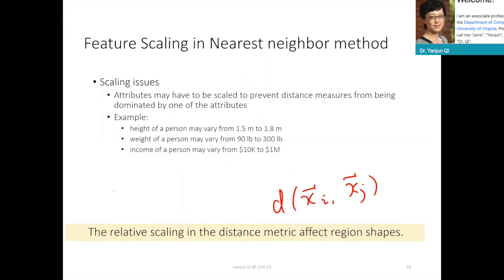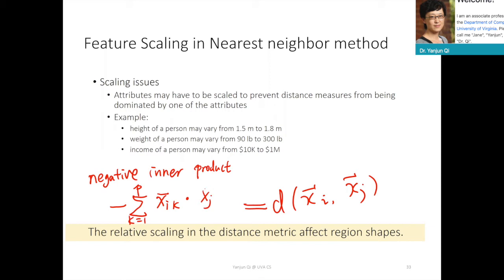Assuming we use the negative inner product, it's really simple to calculate: minus the summation over k from 1 to p features, of xi's k-th feature multiplied by xj's k-th feature.